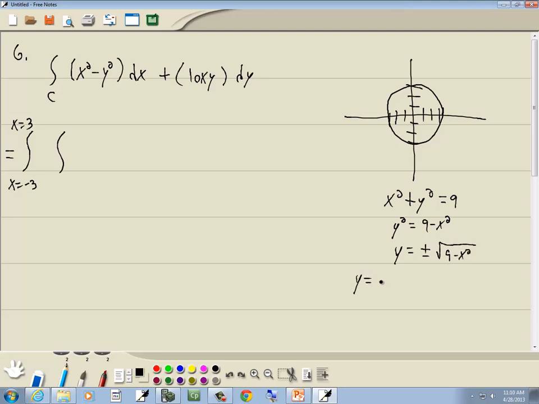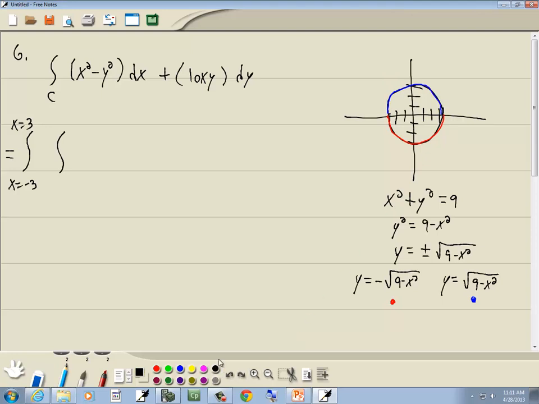So we got y is equal to negative square root of 9 minus x squared, and y is equal to positive square root of 9 minus x squared. Now this negative version right here, that would be this part that's underneath. The positive version right here, that's the part that's above.